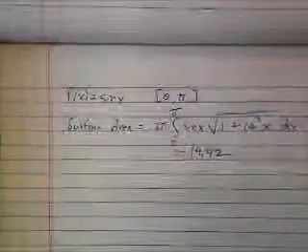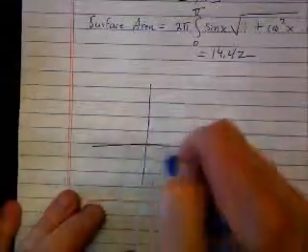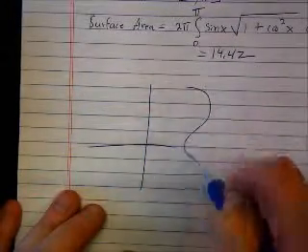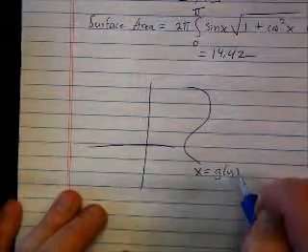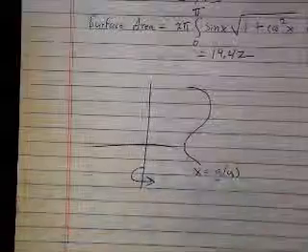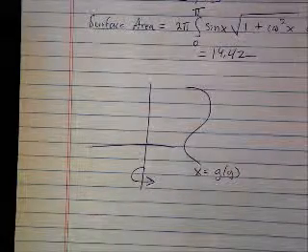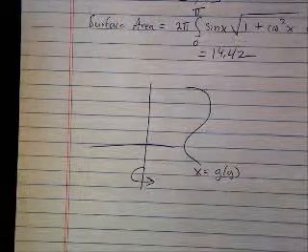Last question. What if we had something that looked like this? So we had some x equals g of y, and I wanted to spin around the y-axis. Oh, we can. How would my formulas change?